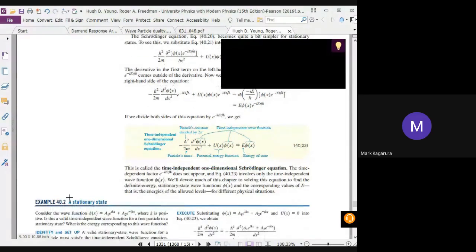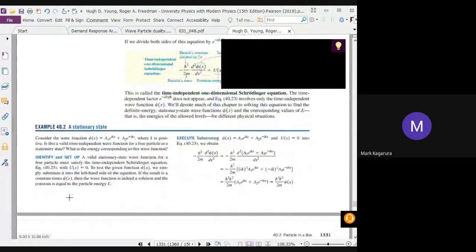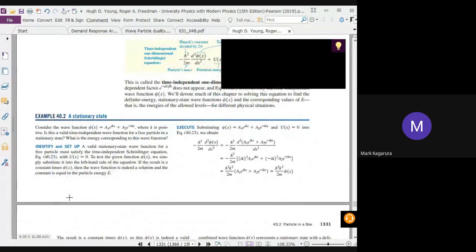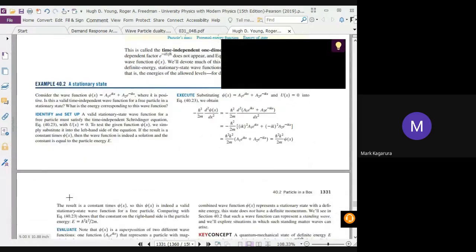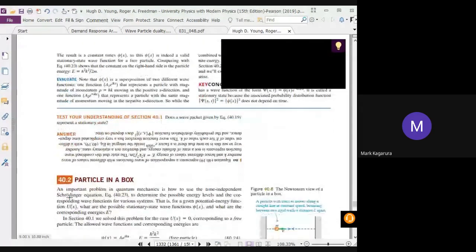The time-dependent factor does not appear in the equation, yes, but what's the final one with time dependence?